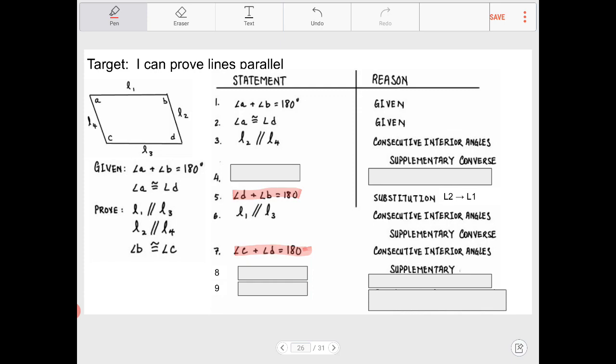And since D is congruent to D because of reflexive, we can then conclude that angle B and angle C, one more time, these are supplementary.